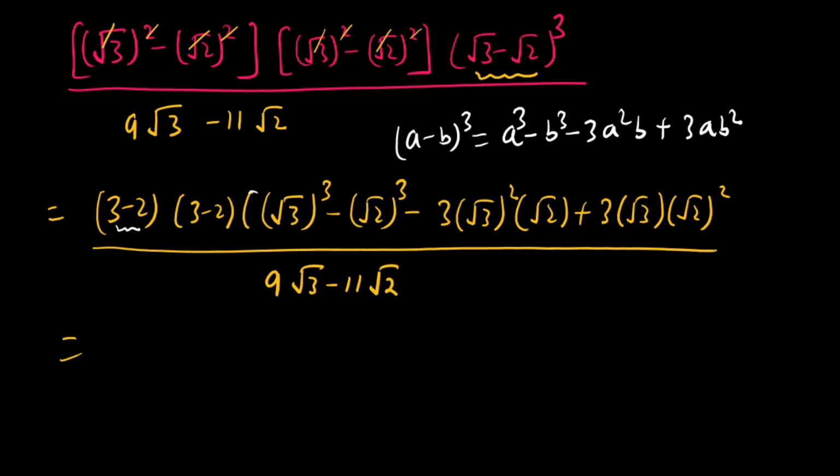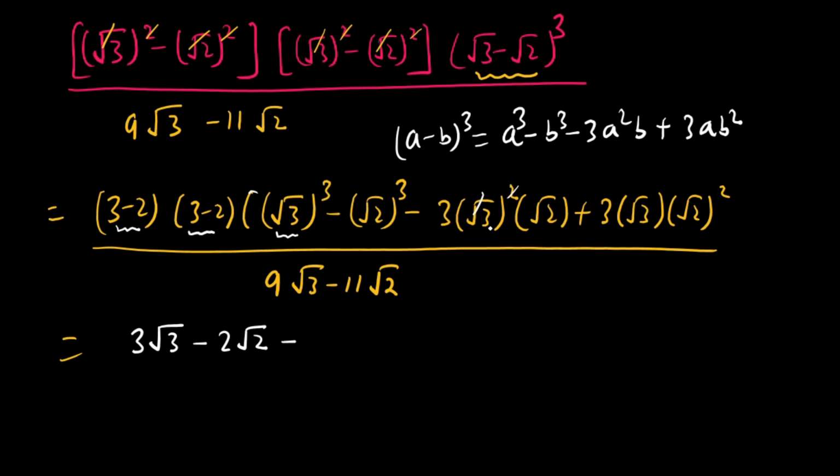3 minus 2, that is 1, and this 3 minus 2 is 1. 1 times 1 is 1, and we know that when 1 is multiplied by any number, the number is not changed. Here square root of 3 power 3 is 3 times square root of 3, minus square root of 2 bracket power 3 is the same as 2 times square root of 2, minus this square root is cancelled out by this square.